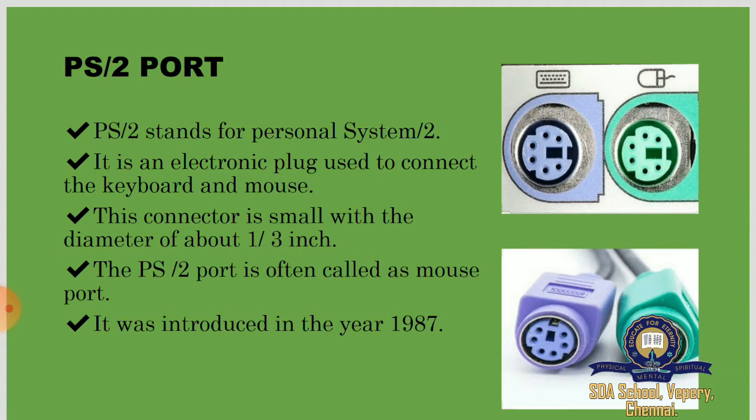This connector is small, with a diameter of about 1/3rd inch. The PS/2 port is often called the mouse port. It has another name called mouse port. The PS/2 port was introduced in the year 1987. Note this year, students.